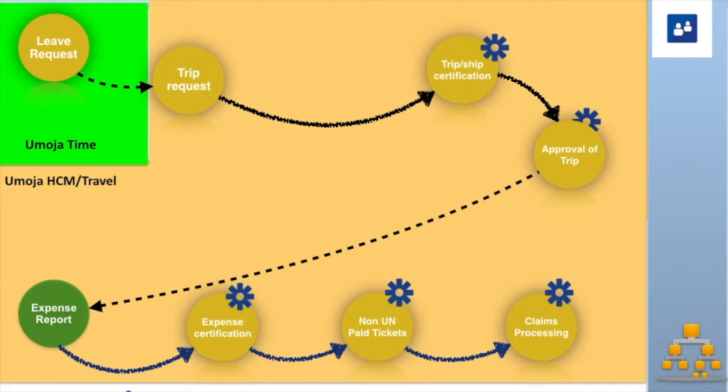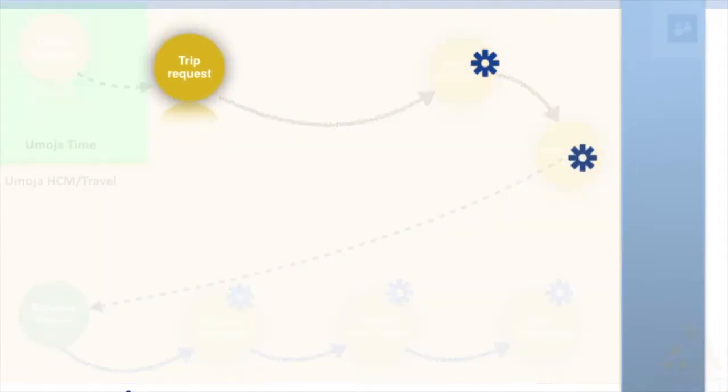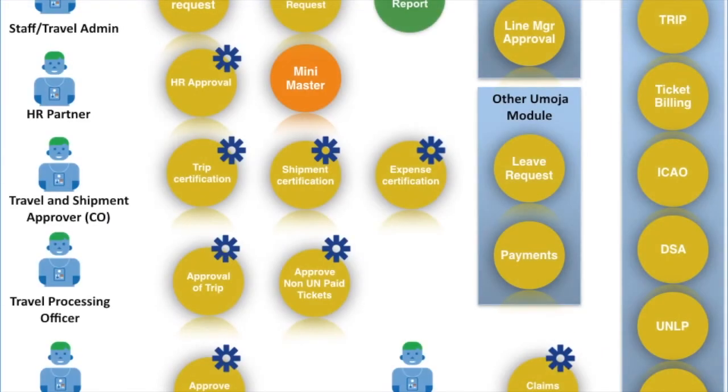The complexity is that the travel solution resides with multiple enterprise roles. You are involving the staff in case of employee self-service, travel administrators, HR partners, and you have the certification officer, approving officer, the travel processing officer, a shipment processing officer, and a travel claims processor.